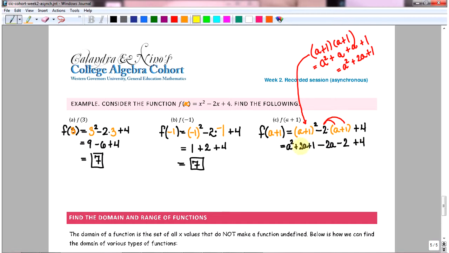So now I see that my 2a's cancel out, and we're left with a squared. We have 1 minus 2 is a negative 1, plus 4 is 3. So this simplifies to be a squared plus 3.